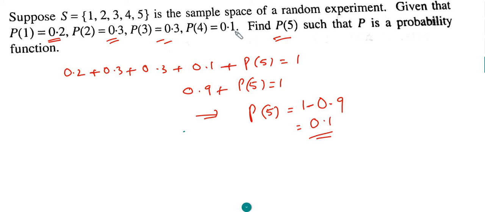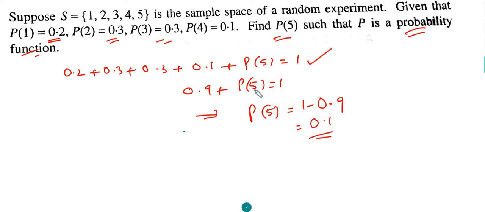Now here it is very simple. As we have discussed, a probability function means the sum of all probabilities must be equal to 1, definitely. If it is not 1, it is not a probability function. So 0.2 plus 0.3 plus 0.4 plus 0.3 plus 0.1, because there are 5 events, and the sum of the probabilities of all 5 events should be equal to 1.